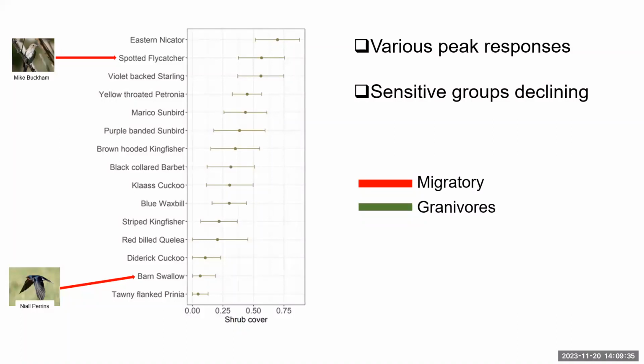Their populations are declining. Another group are granivores. At the global scale, granivores are declining. In Southern Africa, predictions also indicate that this community is being replaced by woody adapted species. So again, with intensifying shrub cover, we should expect these groups to be further impacted.